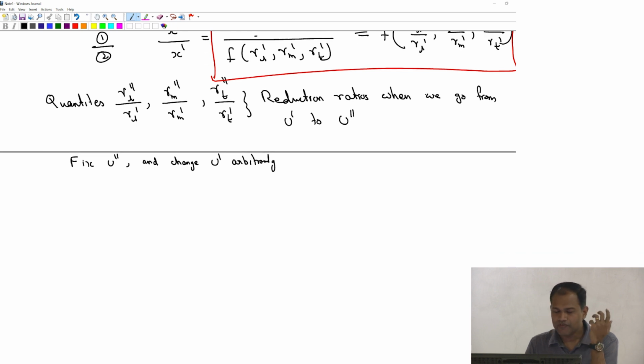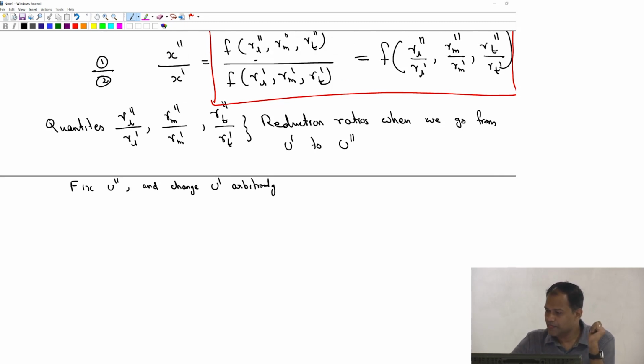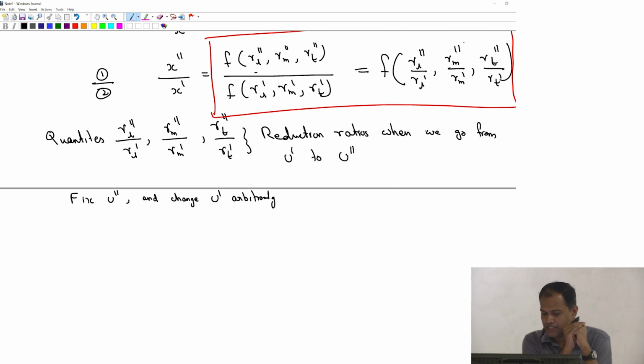I am saying that one of the systems I am going to fix, the other one I am going to consider to be a variable, so that I can do differentiations and integrations and so on. So in this boxed expression, I am going to keep my double primed variables as fixed quantities and my primed variables as really variables, so that I can do differentiation.